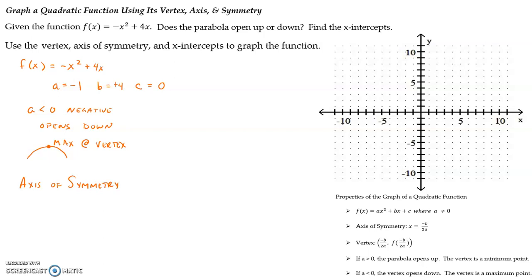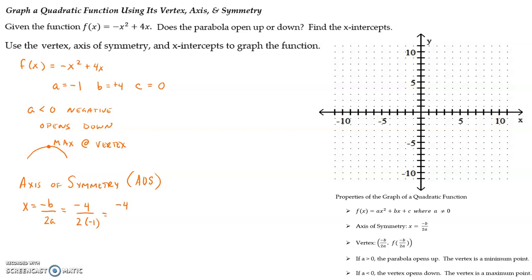Sometimes I'll abbreviate the axis of symmetry as AOS. And remember our formula for the axis of symmetry, we have the equation x equals negative b over 2a. We'll go ahead and plug in our values here. We have a negative 4 and 2 times a negative 1 on the bottom.